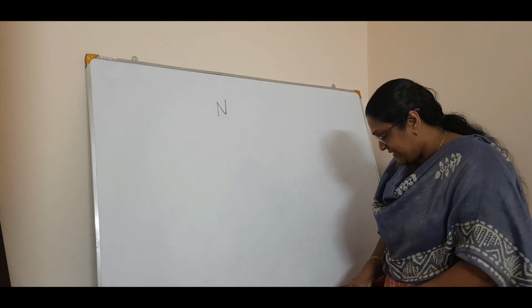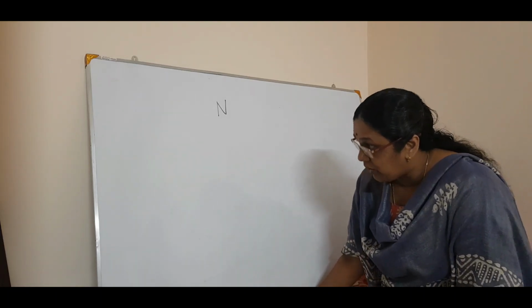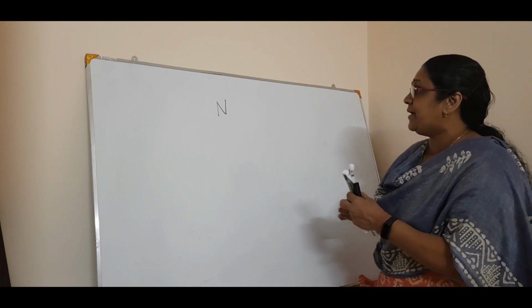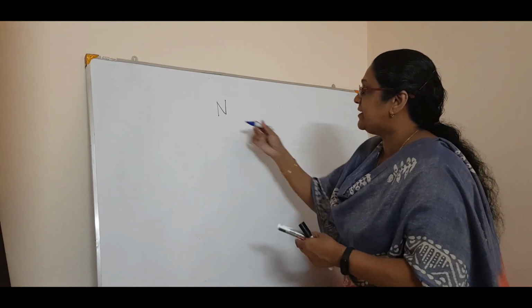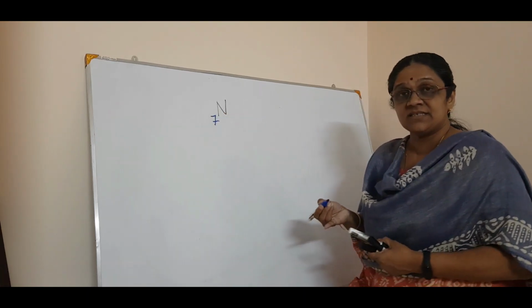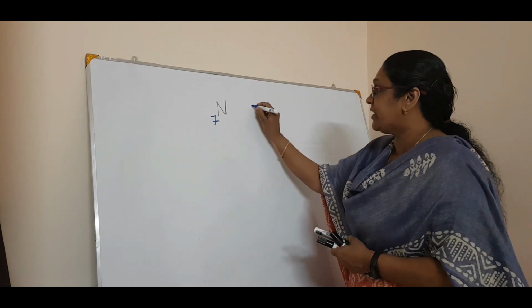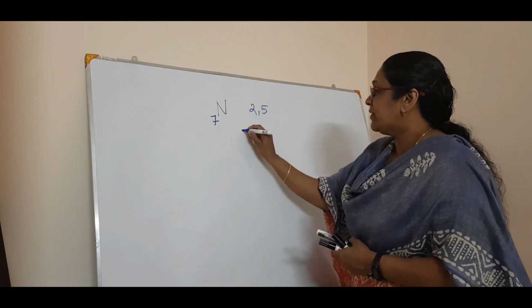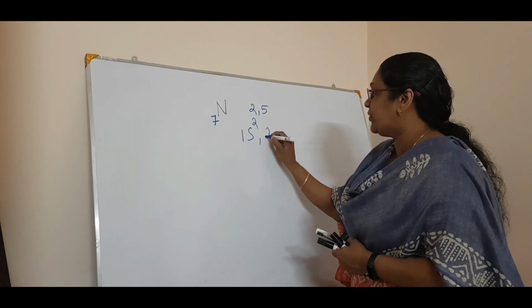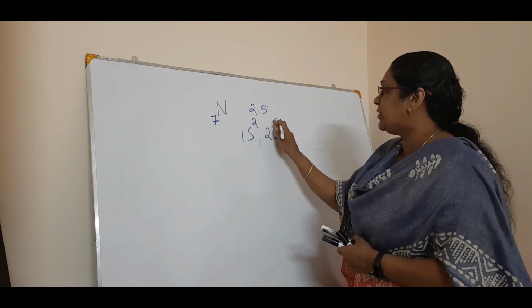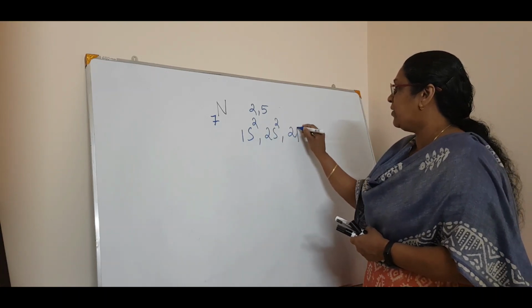How does nitrogen have half-filled stability? Nitrogen has atomic number 7, so its electronic configuration is 2, 5, that is 1s2, 2s2, and 2p3.